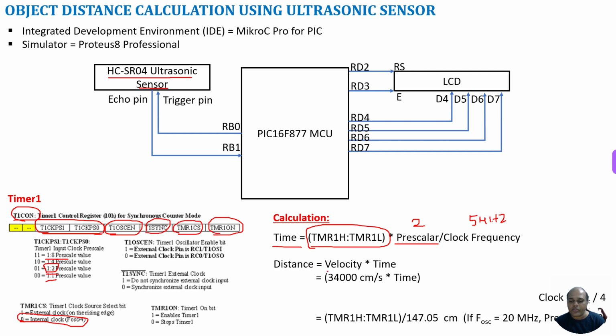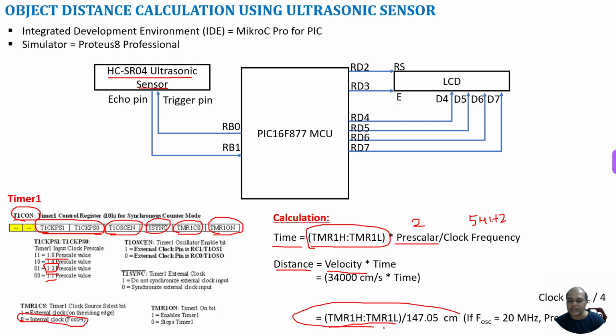We already know the velocity of a sound wave, which is 340 meters per second. In centimeters per second, it will be 34,000 centimeters per second. So this velocity times the time gives the distance of the object. If I substitute all these values, the final equation gives the distance equal to the timer content divided by 147.05 centimeters.